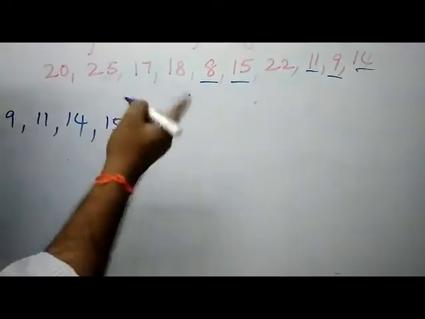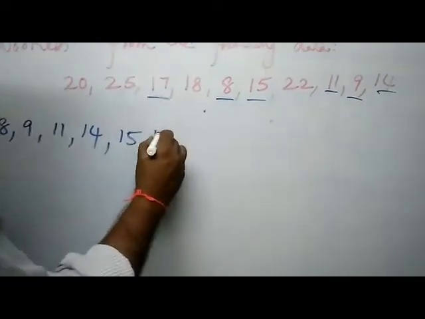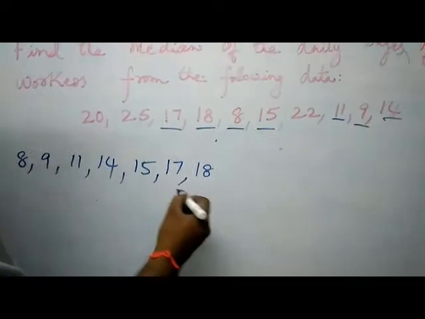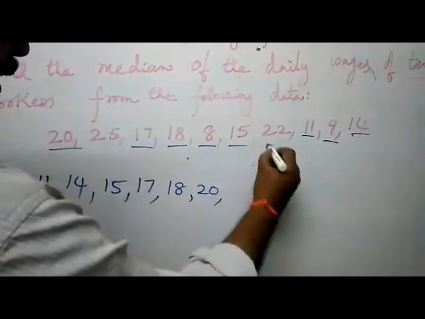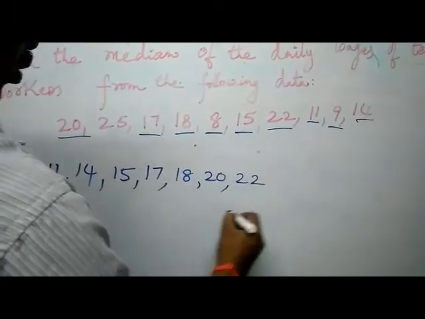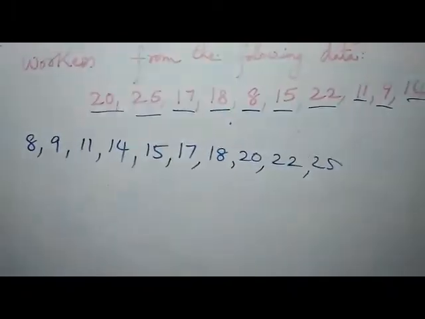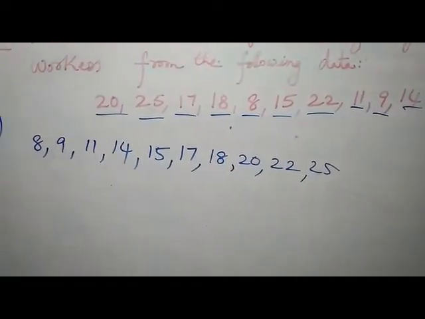After 15, 17. After 17, 18. After 18, 20. After 20, 22. After 22, 25. I arranged in ascending order. You know very well how to get the median.